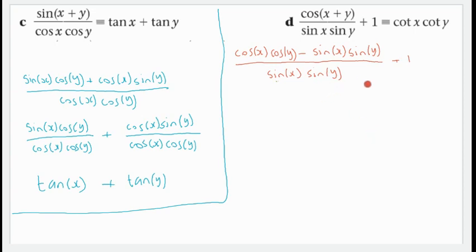Okay. What can we do now? Well, we could actually add this 1 as a fraction. So we can imagine this 1, I'm going to change this 1 just over here in this line to sine x sine y over sine x sine y so that we can add the fraction.